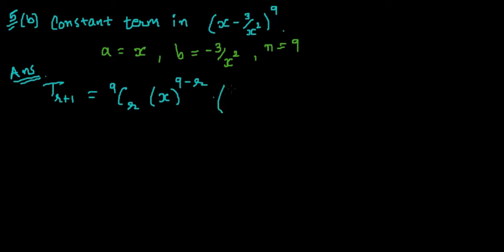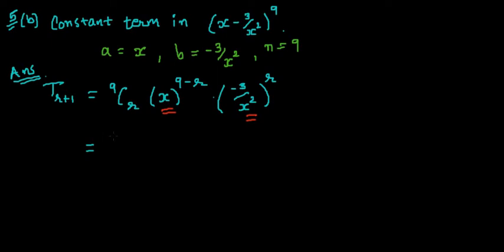B is minus 3 upon x square, raised to the power r. Now there are again two different places where x is present: one x over here, one x over here. So we need to simplify the power of x first before deciding r.